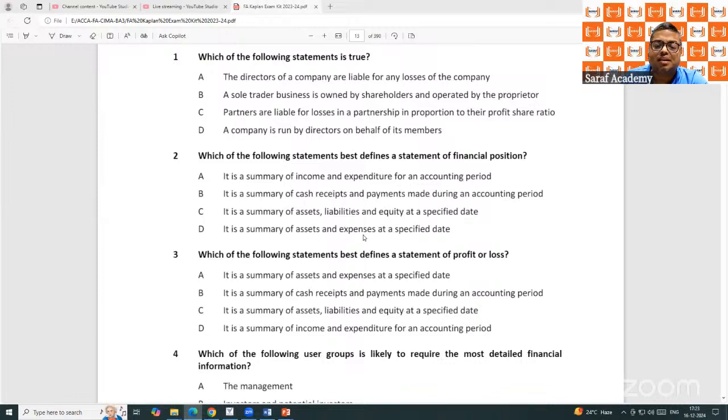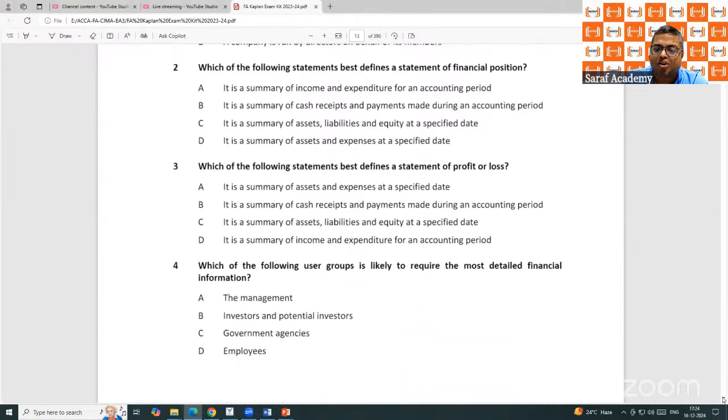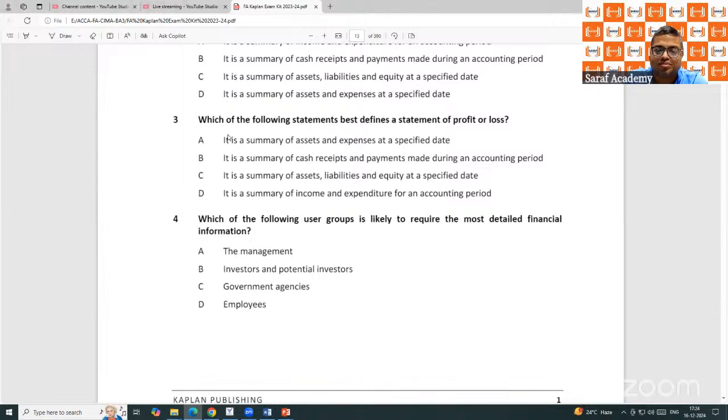No reason is required here because financial position means balance sheet: asset, liability, equity. Income and expenditure is PL account, summary of cash receipts and payments is cash flow statement, and summary of assets and expense is nothing, because assets and income are not recorded together anywhere.